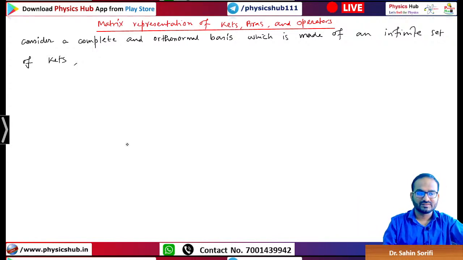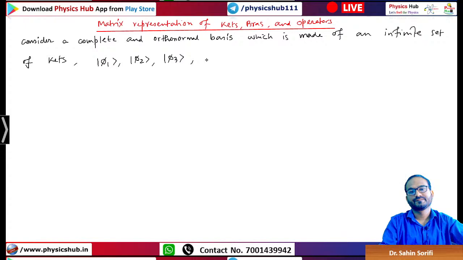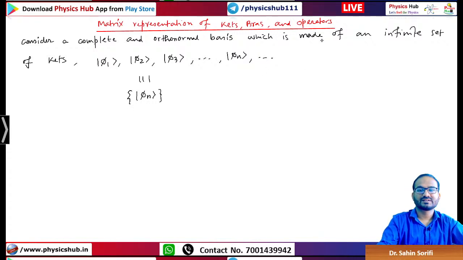Let's say phi 1, phi 2, phi 3, and so on, phi n, and so on. We can denote it by a single phi n within second bracket. It will give you this infinite set of kets.